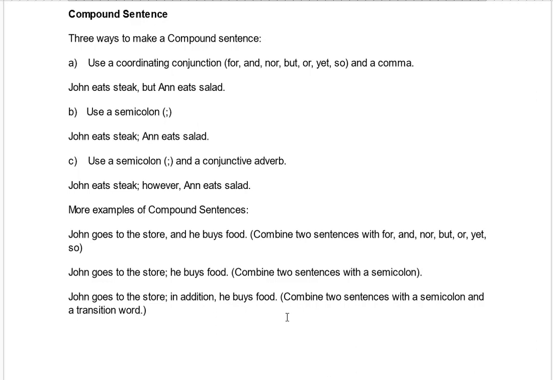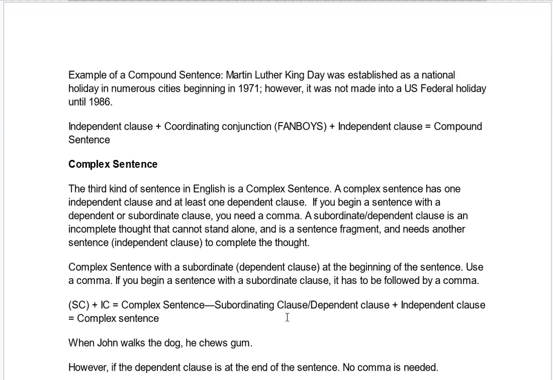So a compound sentence is any time you have 2 sentences joined by a coordinating conjunction or by a semicolon or a conjunctive adverb. Examples of compound sentence. Martin Luther King Day was established as a national holiday in numerous cities beginning in 1971, semicolon.